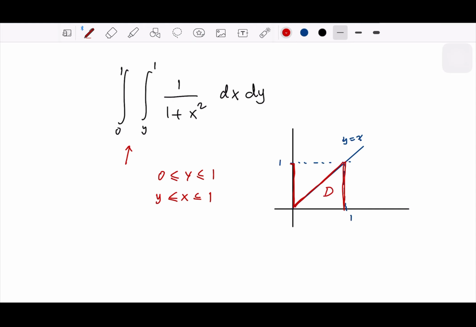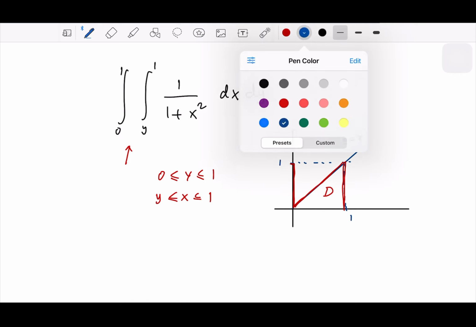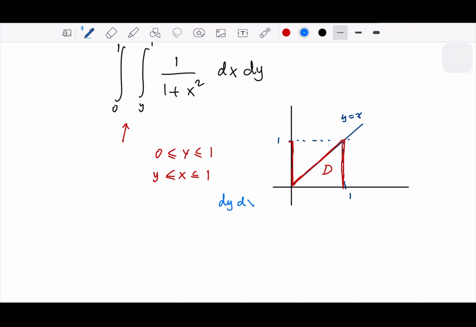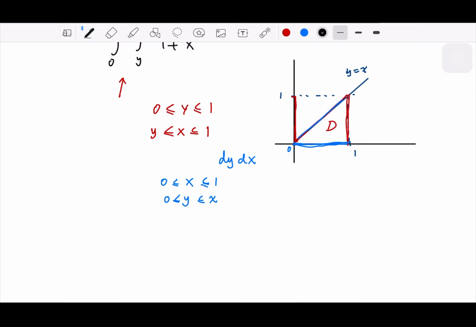So what could be done if we try to reverse the order? If we do dy dx, then x is from 0 to 1, right? This is the one we would have. And then y will be from 0 to x, right? So we could write the new integration.